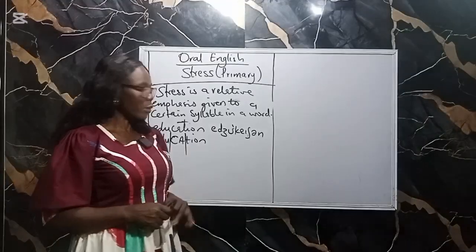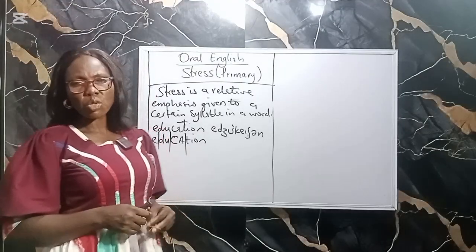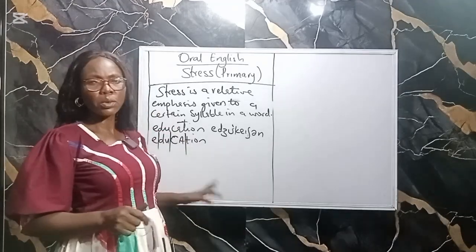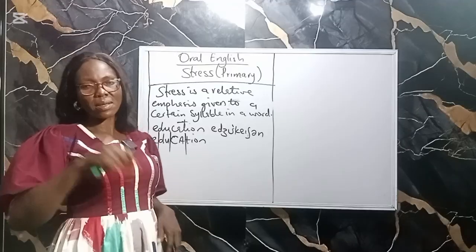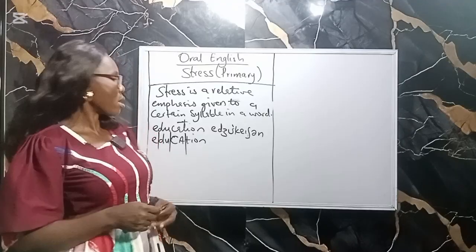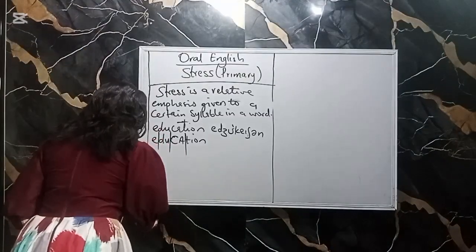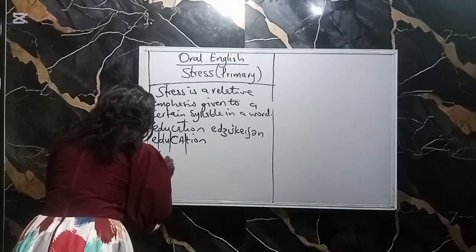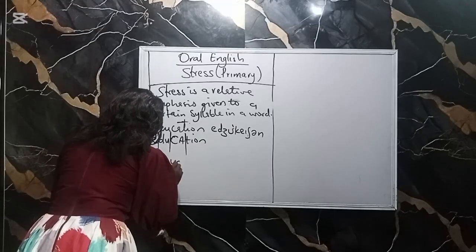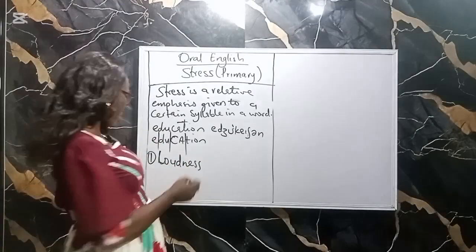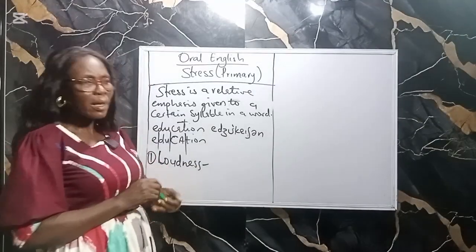Now, I want us to see what changes a particular syllable will undergo when that syllable is stressed. We have about 4 changes. One of them is loudness. What do we mean by loudness?